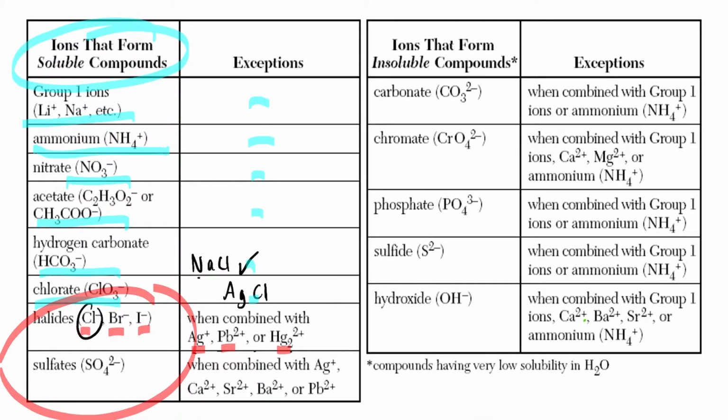But if you have AgCl, you see Cl, you're like, oh, maybe I'm good because chlorine is a halide. But when chlorine, bromine, or iodine is matched with silver, lead, or mercury, you have that silver, that is not soluble. So same thing with sulfates. Anything with SO4 is soluble except when it's Ag, Ca, or any of these group 2 things or lead. So keeping those exceptions is important.